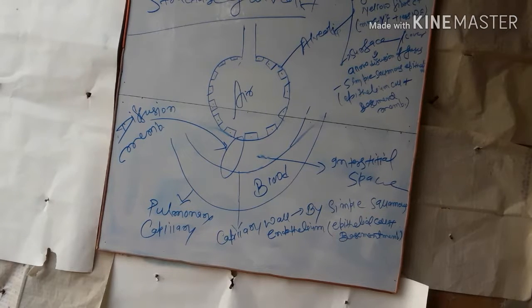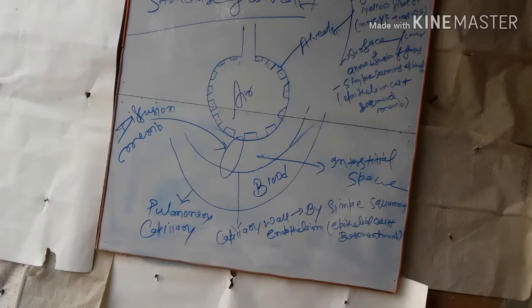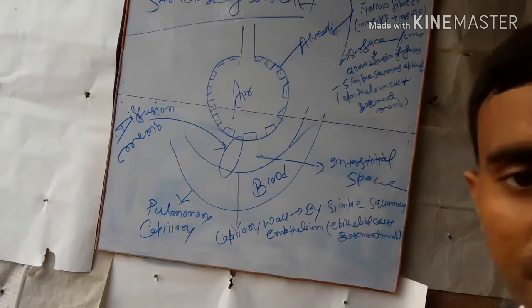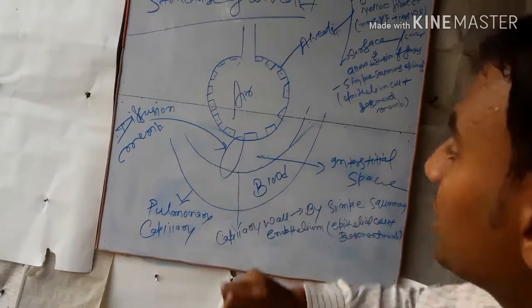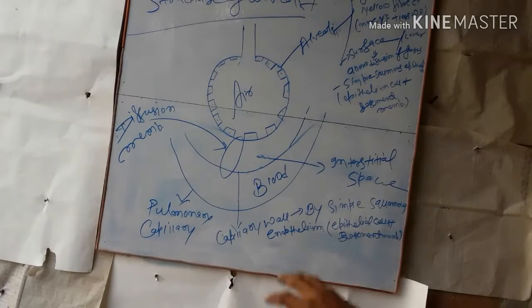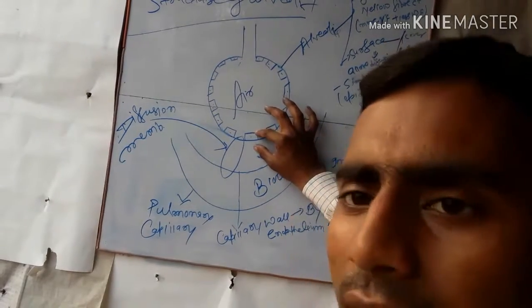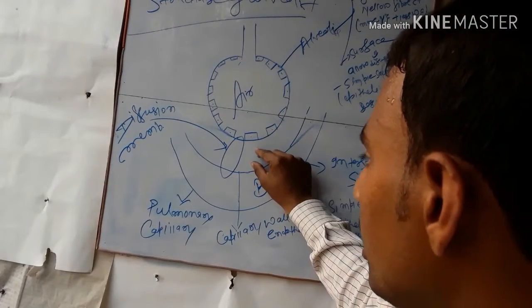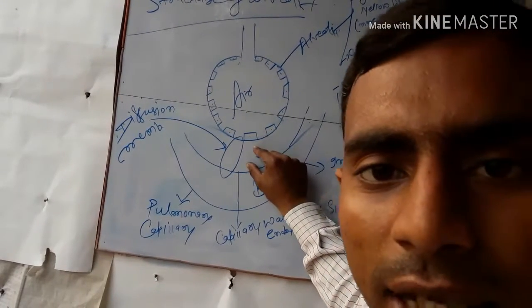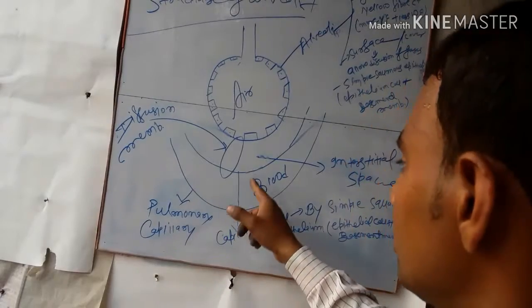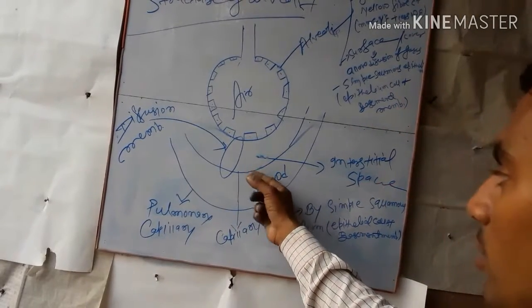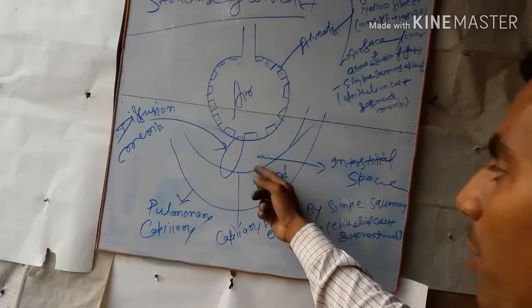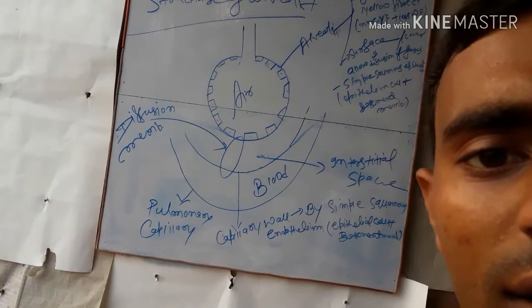This means that the diffusion boundary is present between the alveolar wall plus interstitial space plus capillary wall.